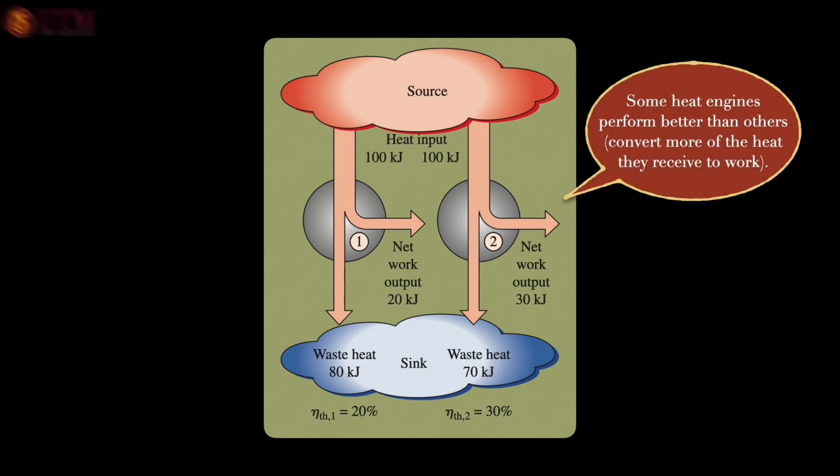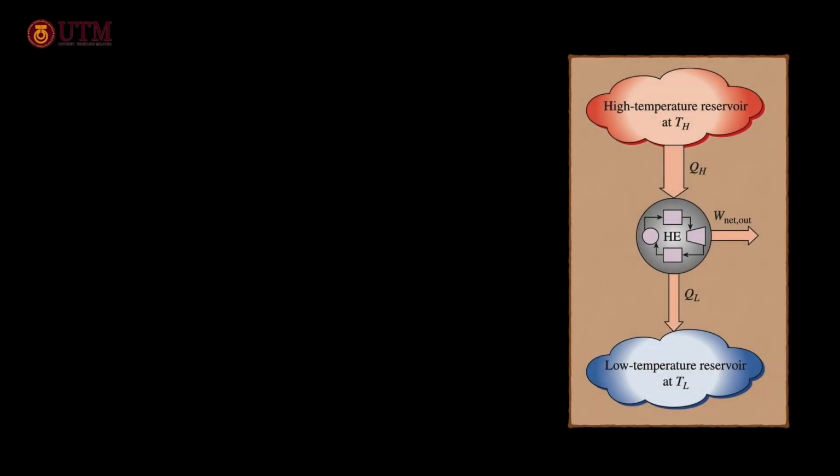Cyclic devices such as heat engines, refrigerators, or heat pumps operate between a high temperature medium or reservoir at temperature TH and a low temperature medium at temperature TL. To bring uniformity to the treatment of heat engines, refrigerators, and heat pumps, two quantities are defined.